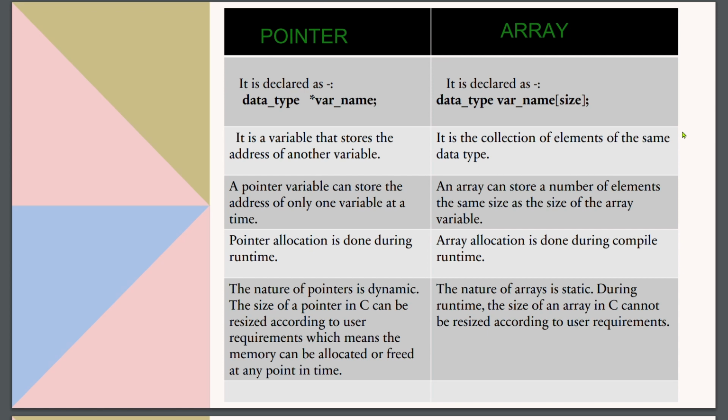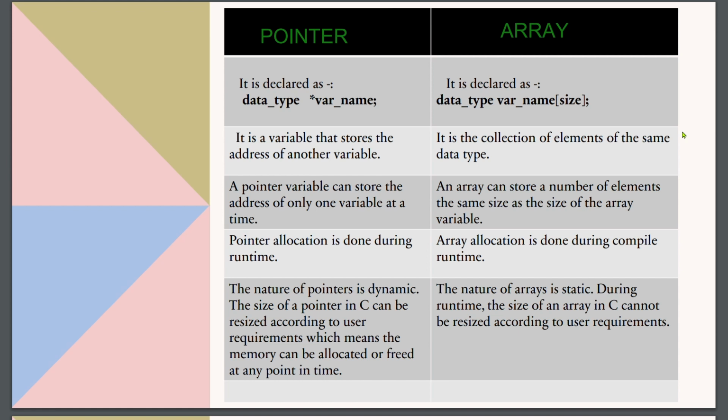I have written the pointer in the left hand column and the array in the right hand column. First, the difference is the syntax. A pointer is declared as data type, then the asterisk symbol, then the variable name, and here, the data type, then the variable name, and within the square bracket we have to mention the size. Okay, this is the syntax difference.